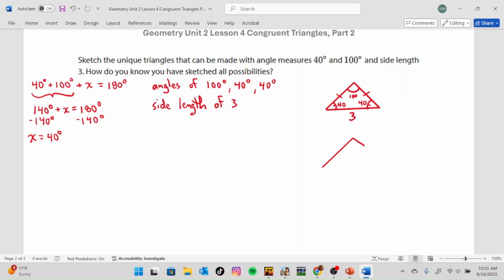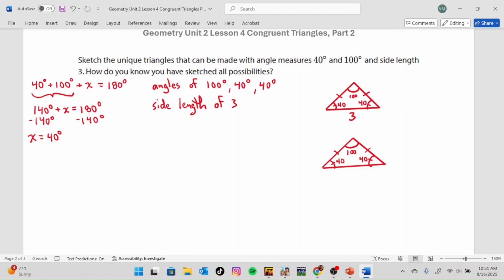we draw that same triangle. We have the 100 degree angle, the 40, and the 40. We said the 40-degree angles are congruent, and the sides opposite of them are congruent.